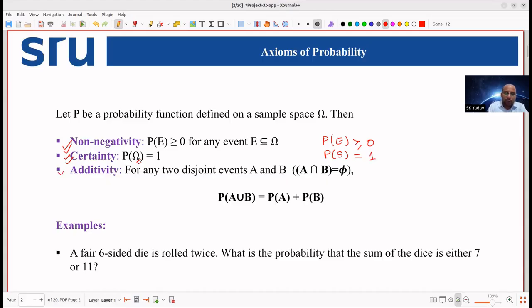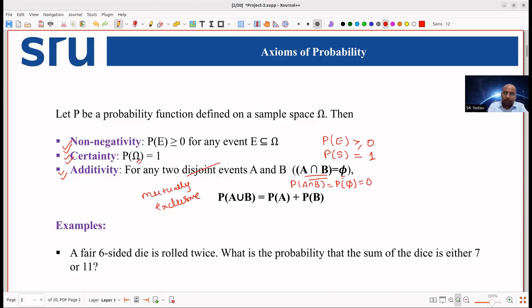The third axiom is very important. It states that for any two disjoint, or mutually exclusive, events A and B, mutually exclusive means if A happens, B will not happen. That means A intersection B equals phi. So P of A intersection B is equal to P of phi, and the probability of phi is 0.